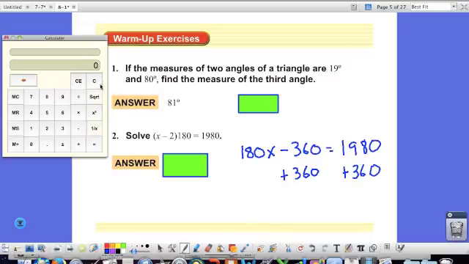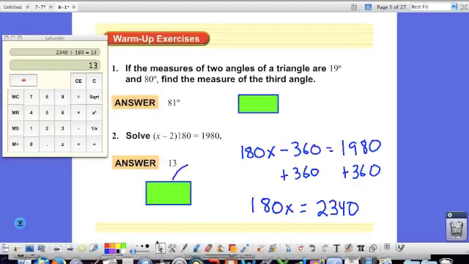This should be a nice, easy review for you. 1,980 plus 360 is 2,340. So 180x equals 2,340, divided by 180, and your answer is 13. Pay attention to that formula. You're going to be seeing it a lot today.